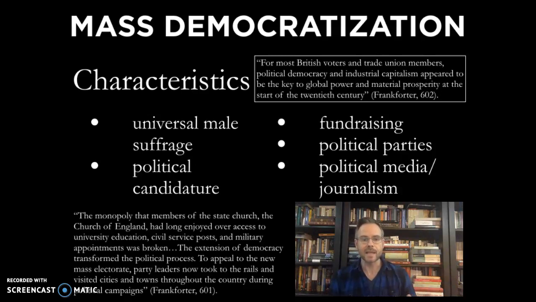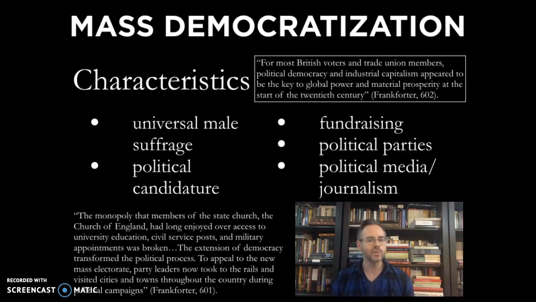So, that said, along with the universal male suffrage is the development of political candidature. That's different than the processes for ministers of parliament prior to universal male suffrage. Prior to universal male suffrage, the candidates were often elected by their peers and other aristocratic influencers in the conservatistic world in which these people lived.